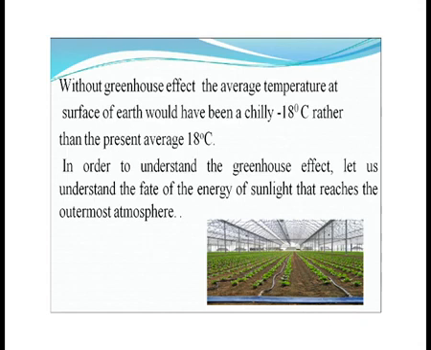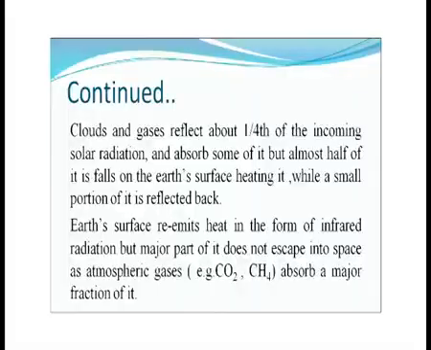In order to understand the greenhouse effect, let us understand the fate of energy of sunlight that reaches the outermost atmosphere of our Earth. Clouds and gases reflect about 1/4 of the incoming solar radiation and absorb some of it, but almost half of it falls on the Earth's surface, heating it, while a small portion is reflected back.